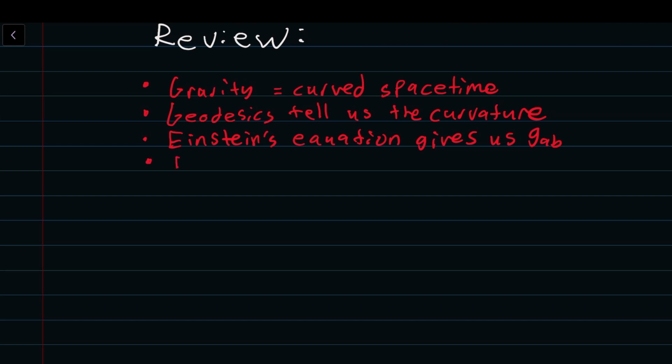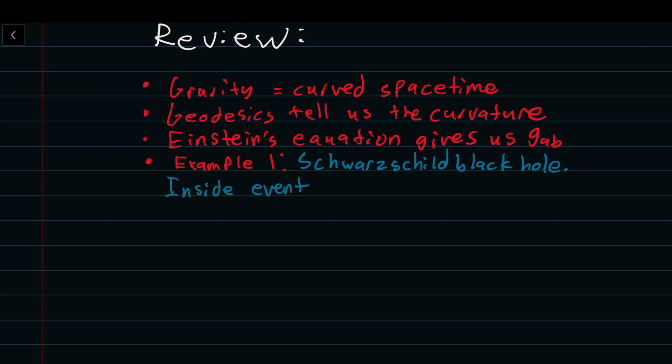And then we took our first example, which was the Schwarzschild or non-rotating black hole, and we looked at how, given this information, if you have something trying to escape, it must be outside the event horizon because everything in the event horizon inevitably gets sucked into the black hole. And that was because we showed in the event horizon dr/dt is less than 0.